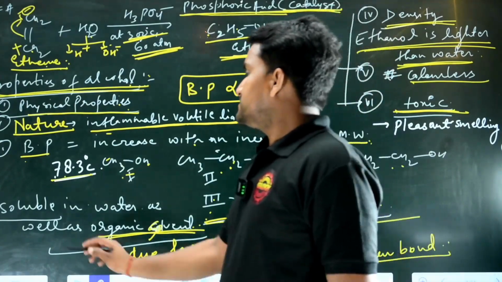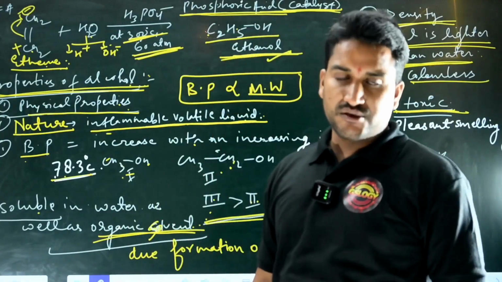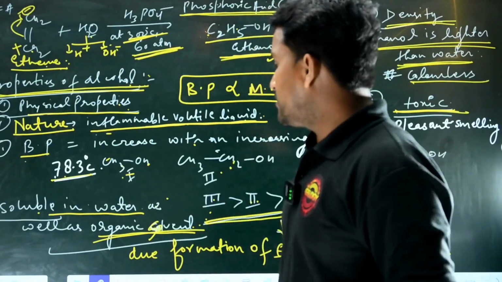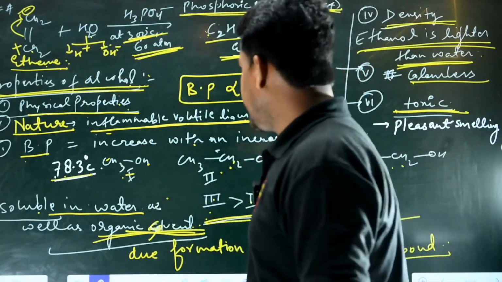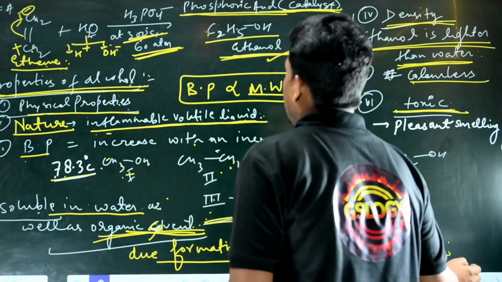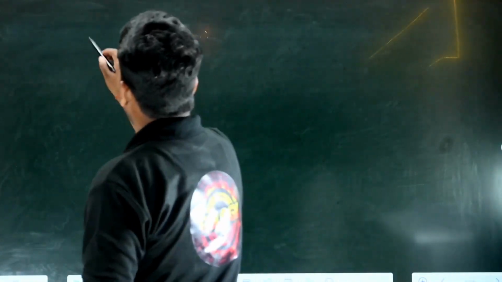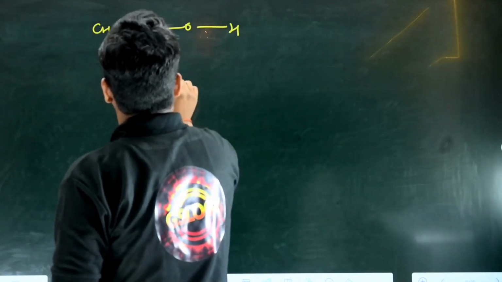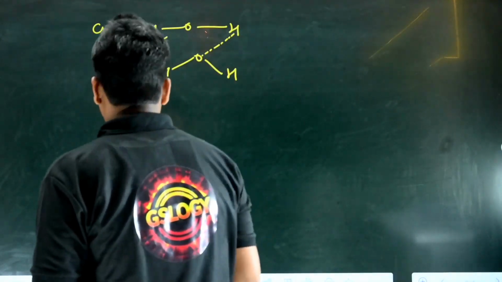And the third property, soluble in water. You know very well, ethyl alcohol, that is ethanol, is a liquid, and it is soluble in water as well as in organic solvents because of the formation of hydrogen bonds. Alcohol forms hydrogen bonds with alcohol.